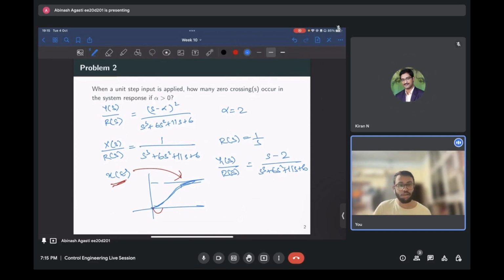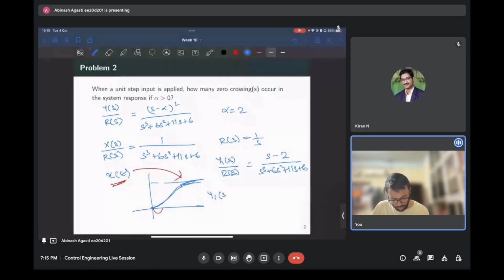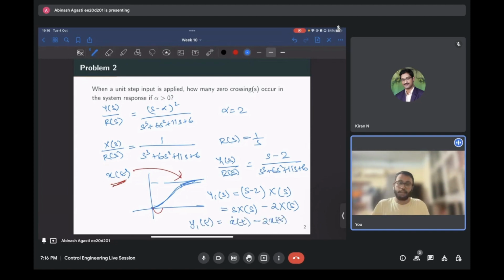Y1 of s is s minus 2 times x of s, since r of s into this denominator term is x of s. So that means s x of s minus 2 into x of s. Is that correct? Now if you take the inverse Laplace, we have something like this. Do you follow what we did here?